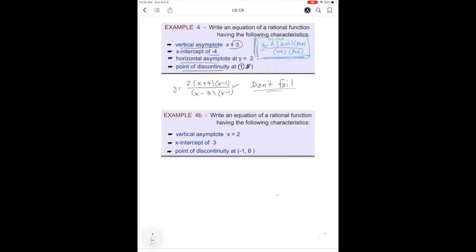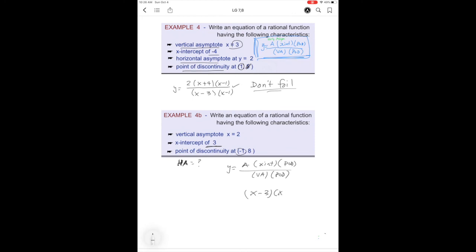Okay, the next one. Sometimes you're not given a horizontal asymptote. See, it's not there. So we have to go find it using algebra. So let's write our little template. I write it every time, so then I get the habit of having it memorized. Okay, so now what we're going to do is look at the x-intercepts. So x minus 3.